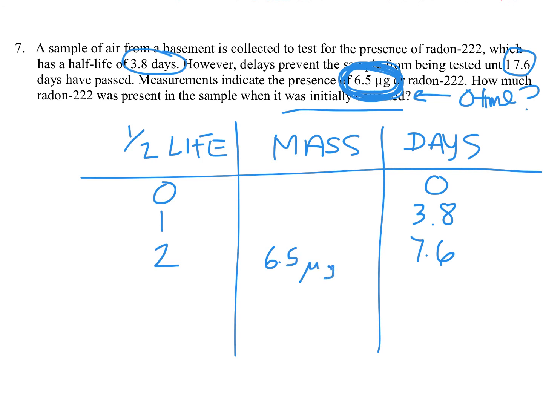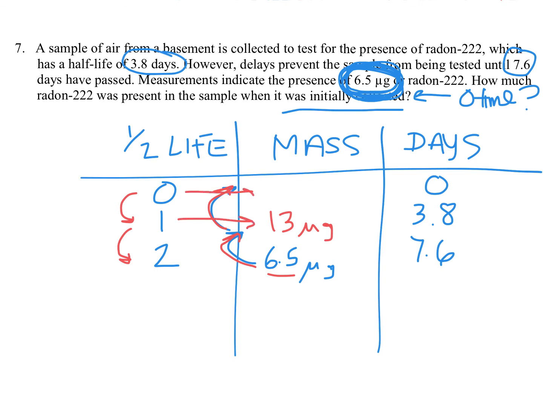So we want to go back in time to figure out how much we originally had. And we can do that because remember, when you go through half-lives, you just divide by 2, cut it in half, 50% each time. So what's the opposite when you're going backwards? Just double it. So 6.5 times 2, when you double it, is 13 micrograms. And then that would be for how much was left after 1 half-life.